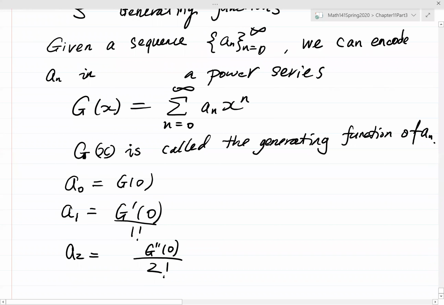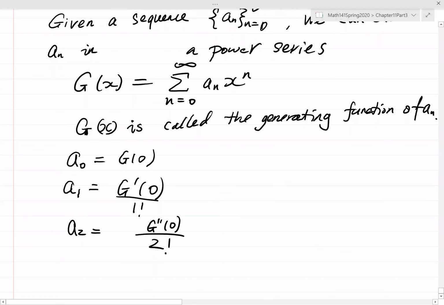This factorial comes from the power rule: you can differentiate and then plug in 0. So once we have g, we can recover a_n, and nothing is lost.